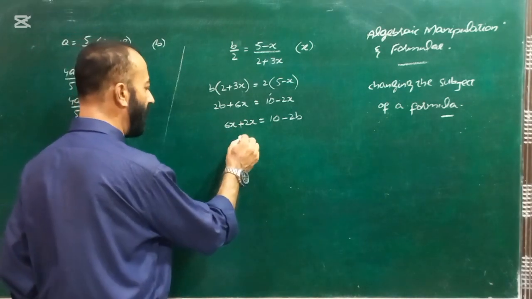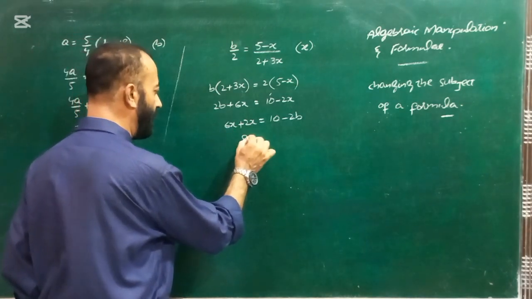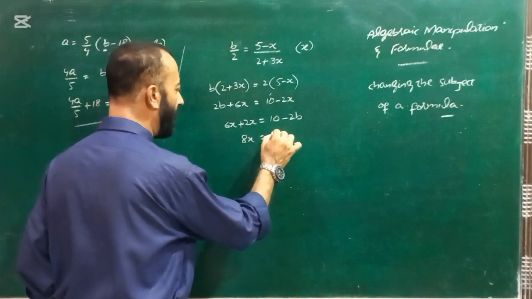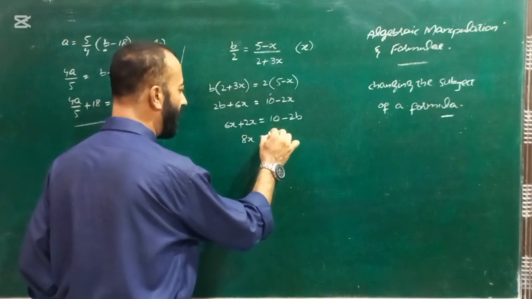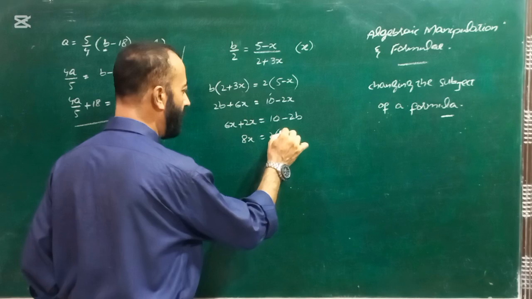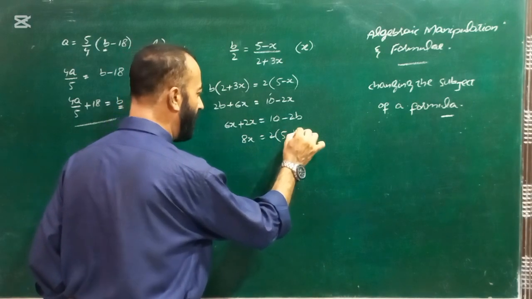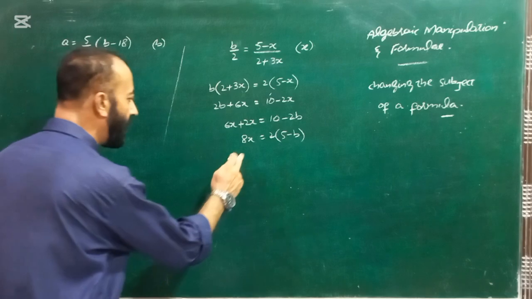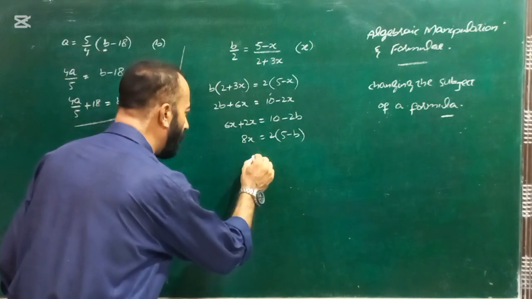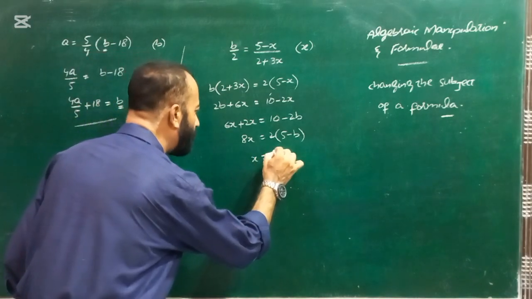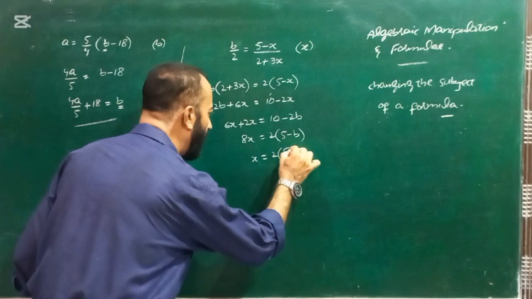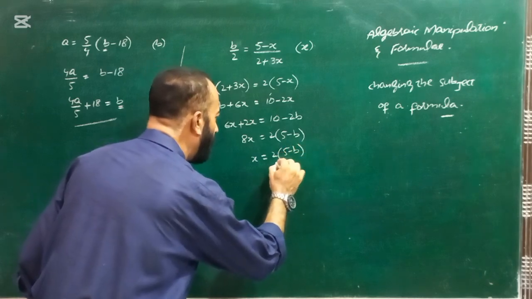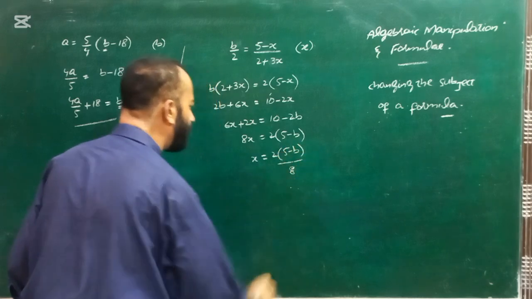So 6x plus 2x will be 8x, and on the right hand side, this 2 can be taken as common. So 5 minus b will be left in the bracket. And in the next step, this 8 will go to the denominator of the right hand side. So 2 into 5 minus b over 8.